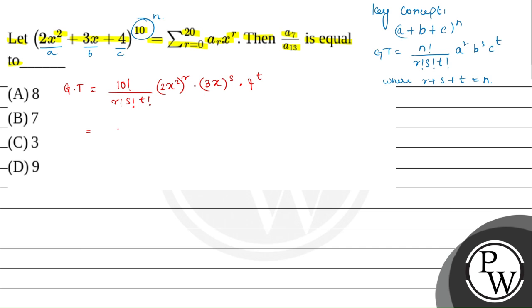If we simplify this, we have 10 factorial divided by r factorial, s factorial, t factorial, 2^r, 3^s and 4^t into x^(2r+s). Now from this given term we can say that a_r is the coefficient of x^r.